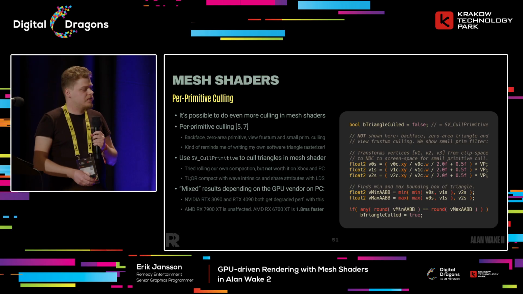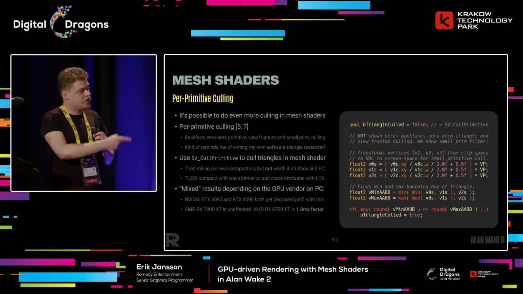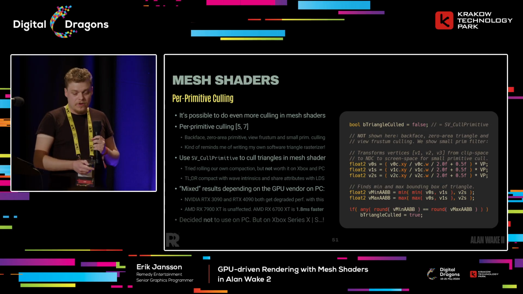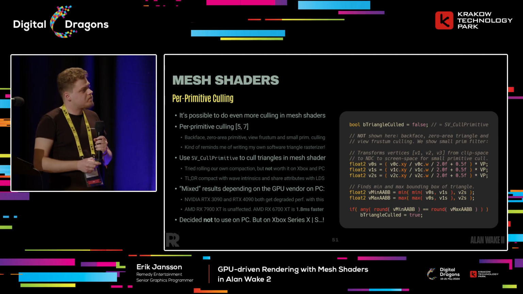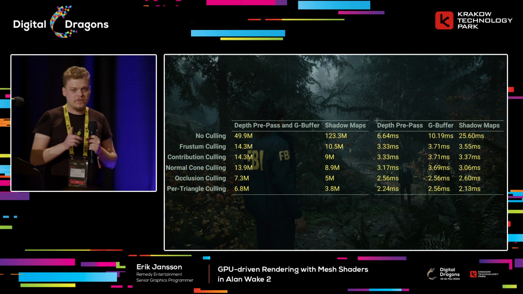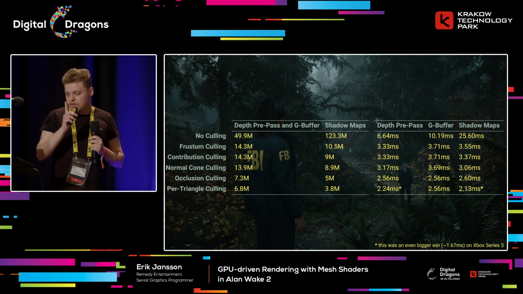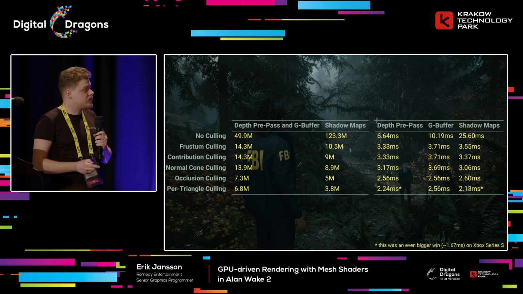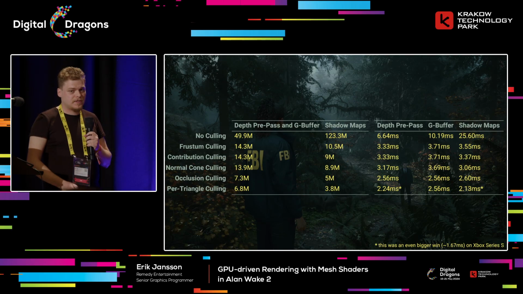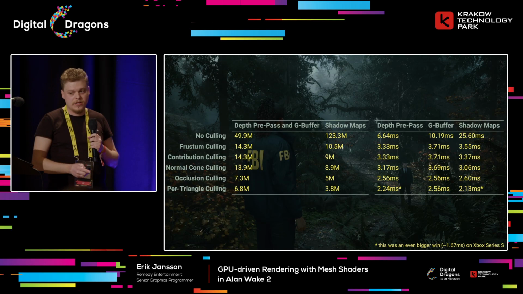On RDNA 3, this was a wash. On RDNA 2, this was a huge performance win for some reason, 1.8 milliseconds faster. On Xbox, though, pretty nice performance win, 0.8 milliseconds on the Series X, and on the Series S, 1.67 milliseconds, so definitely worth it. And this is where we get the final number, 10.6 million triangles, down from 200 million.